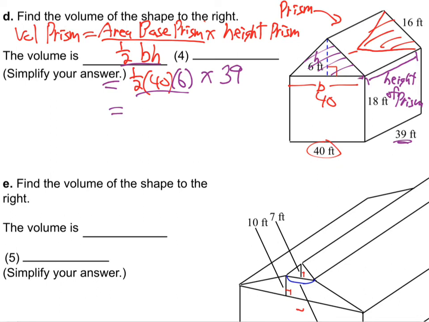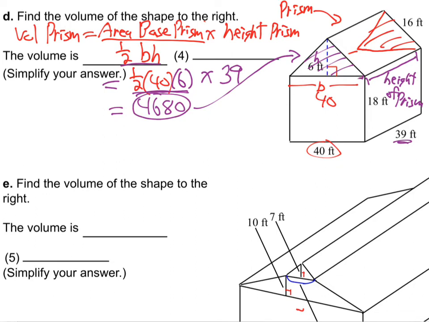So it's going to be 1/2 times 40 times 6 times 39. So use your calculator for that, and I'm getting 4680. And so that's just for the prism top.